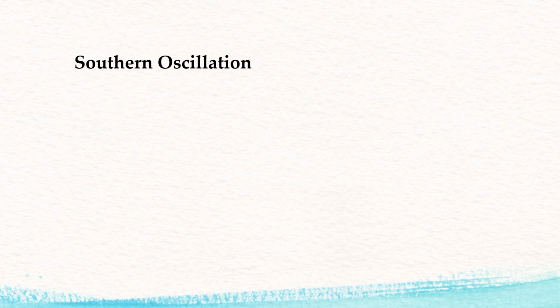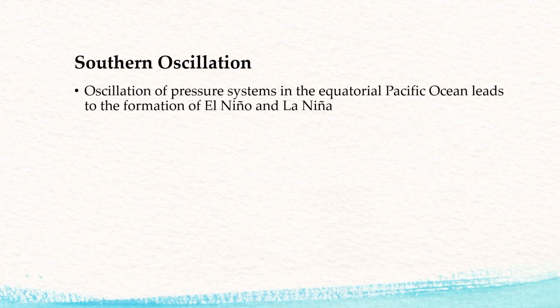So the changes in atmospheric pressure create wind patterns that produce the weather associated with El Nino and La Nina events. Therefore, this oscillation of pressure systems in the equatorial Pacific Ocean that leads to the formation of El Nino and La Nina is what we call the southern oscillation.